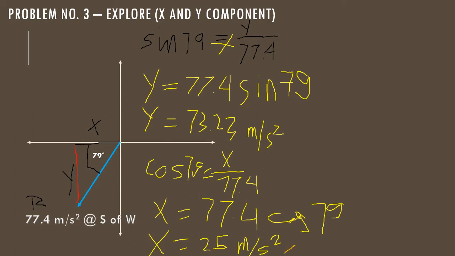So in this problem, the x component is 25 meter per second squared, the y component is 73.23 meter per second squared, and the resultant is 77.4 meter per second squared with the angle of 79 degrees south of west.